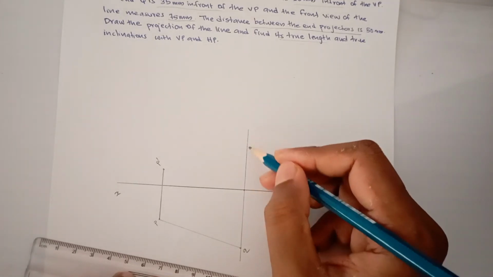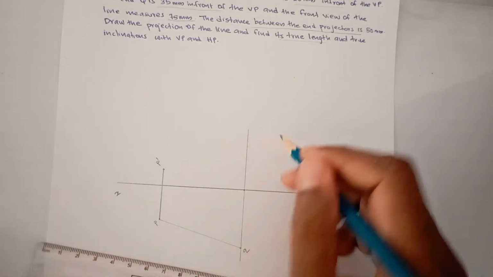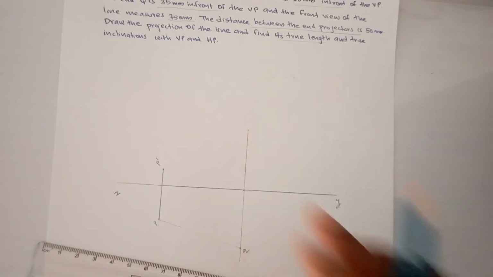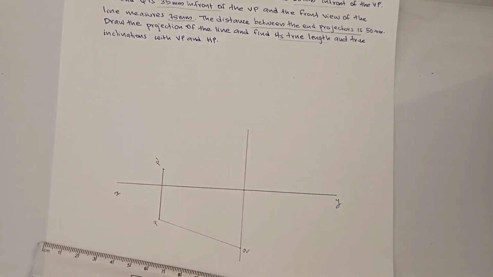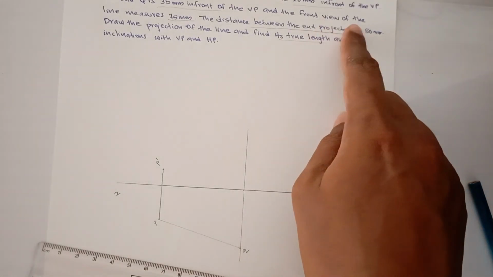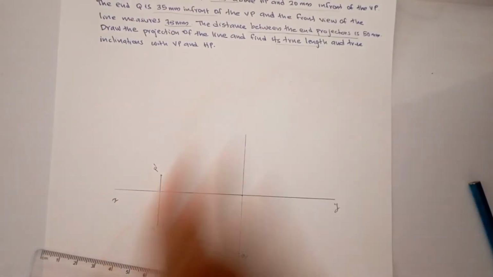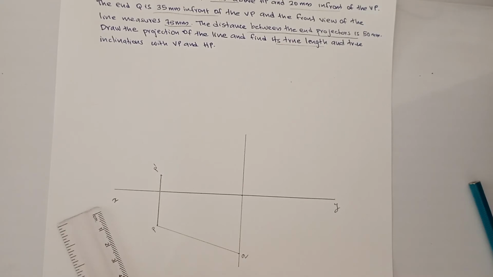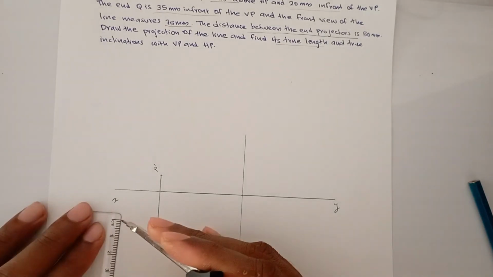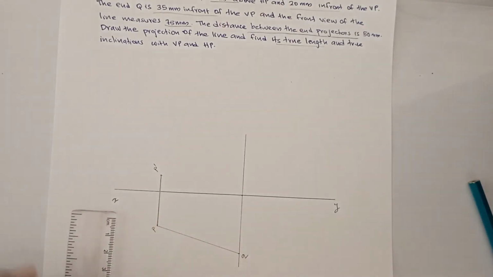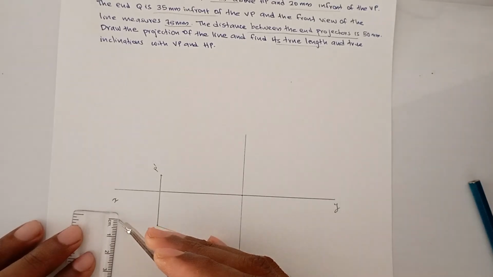And what about this P dash Q dash? This Q dash is not given, the length from the XY line is not given, but the length of the front view is given. The front view of the line measures 75 mm. So take 75 mm in a compass.